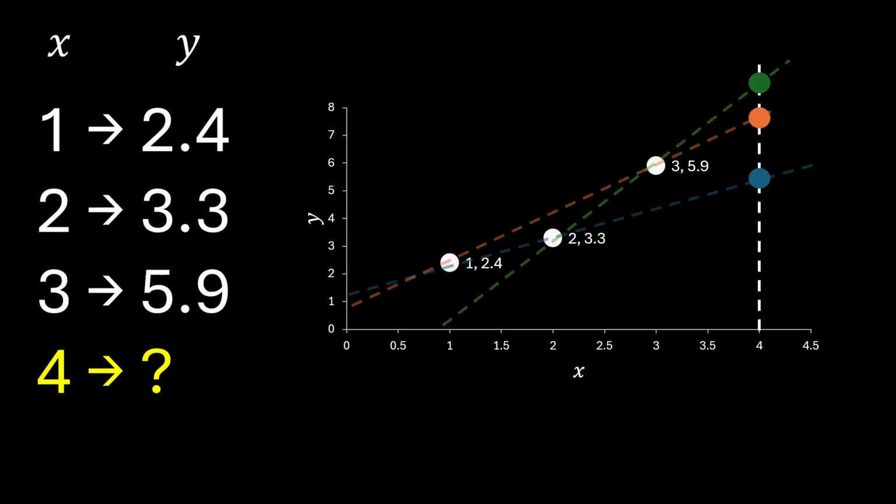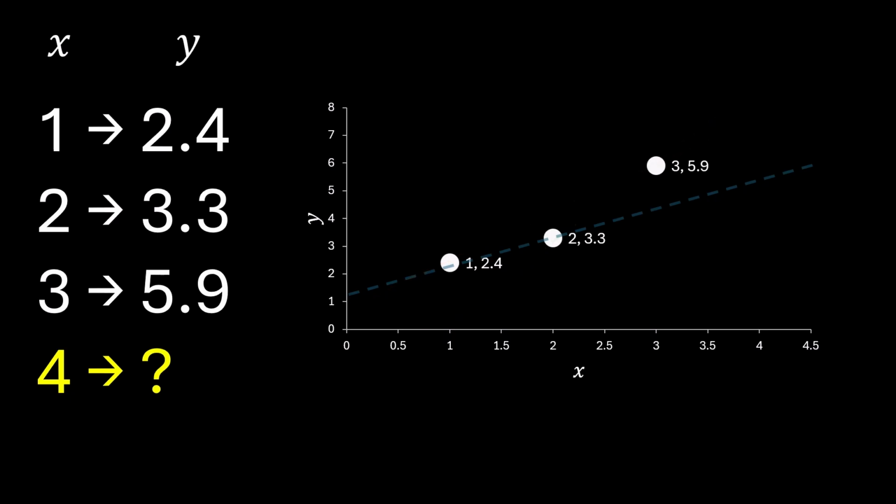The question now is, if we get 3 different solutions, which one actually is the best fit line? To answer this, let's go back to the blue line, and let's measure the difference between the actual and the predicted value at the point that the line did not touch, the third point. The blue line predicted 4.1, but it was actually 5.9.